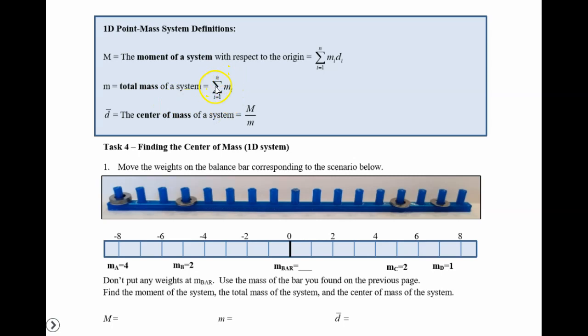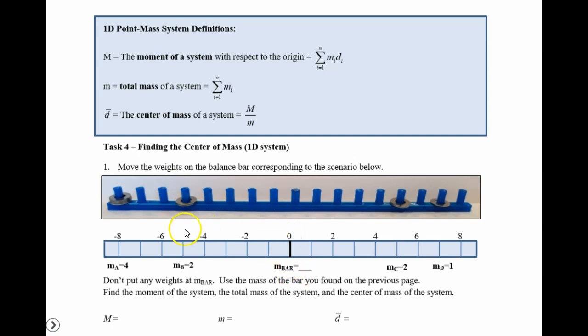Total mass is just adding up all the masses, not taking distance into account. And then you can compute the center of mass by taking the total moment of the system over the total mass of the system. We'll be trying that with these.